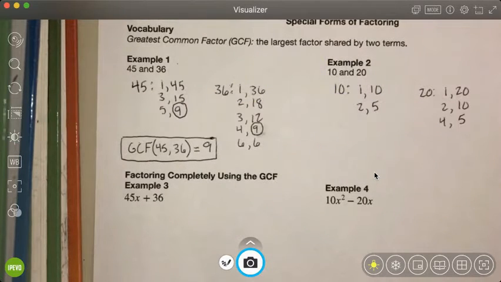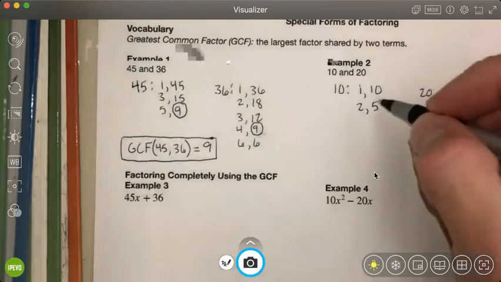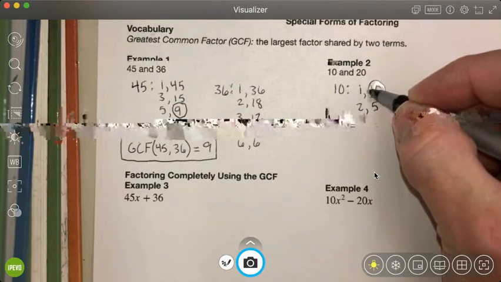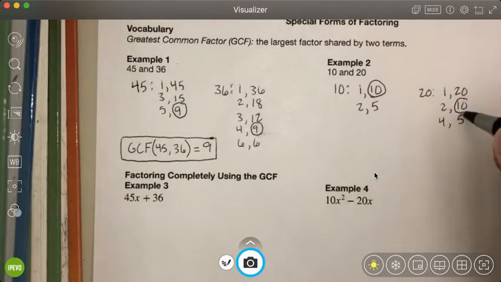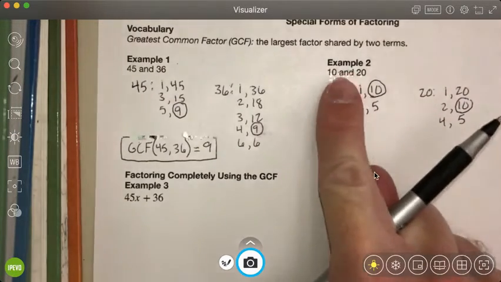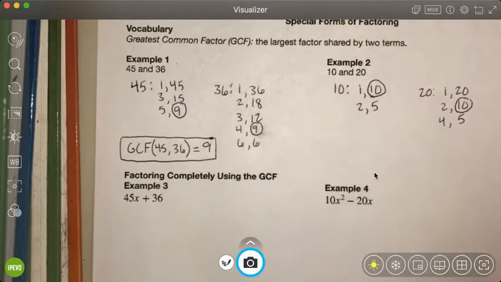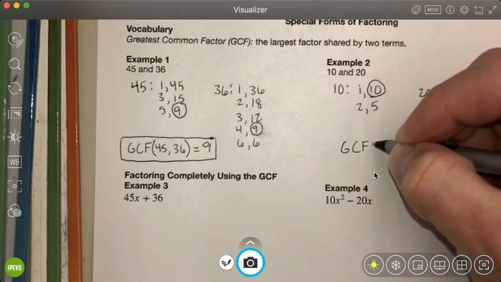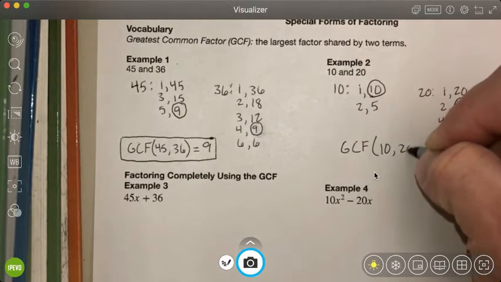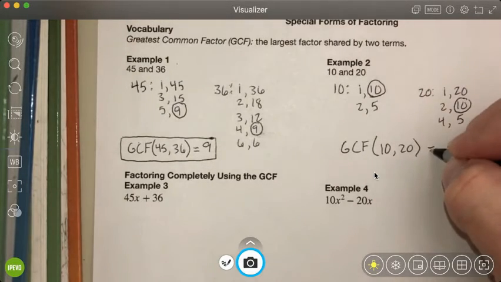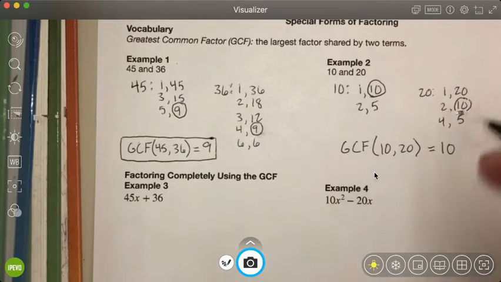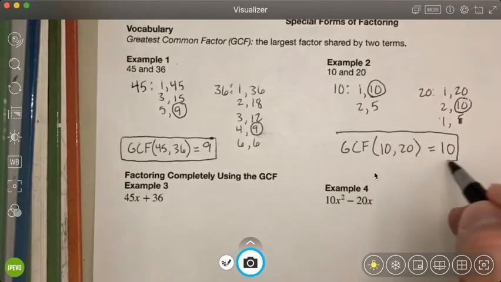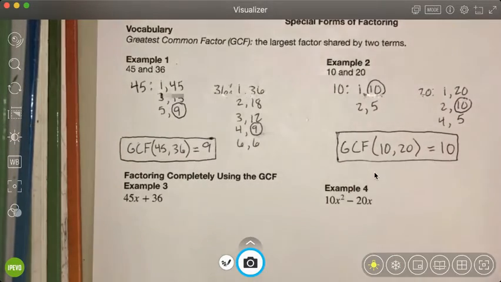This one is a special case because the largest factor they share in common is actually one of my two original numbers, in this case 10. That's totally possible. Just wanted to make sure that possibility was clear. So the greatest common factor for 10 and 20 happens to be 10.